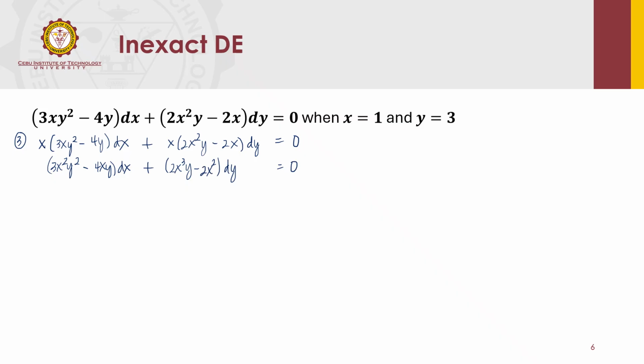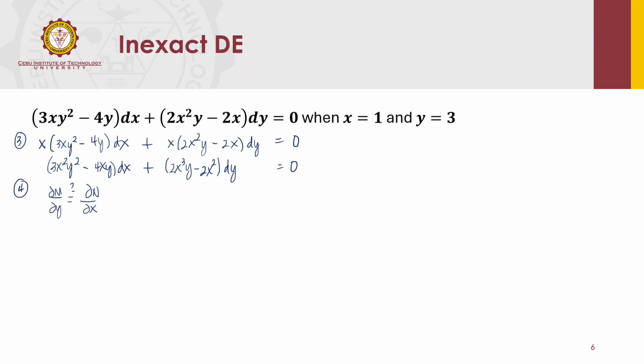So we're going to test for exactness again. This time, we expect that it is now an exact differential equation. So check if this is true. The new m is v times m.